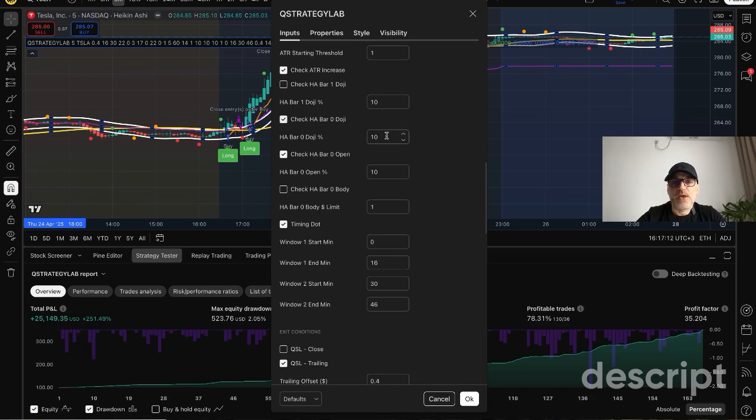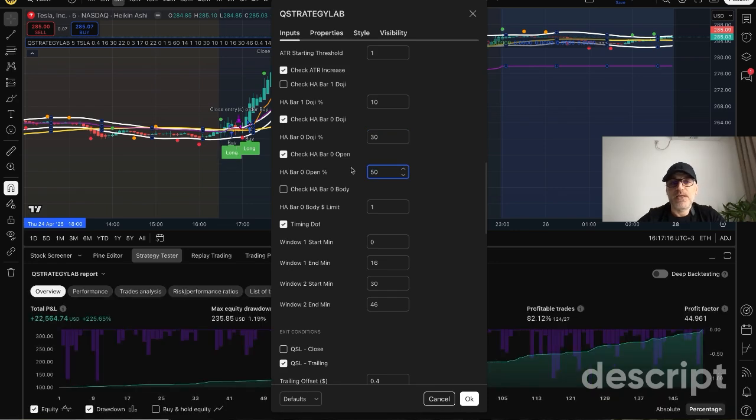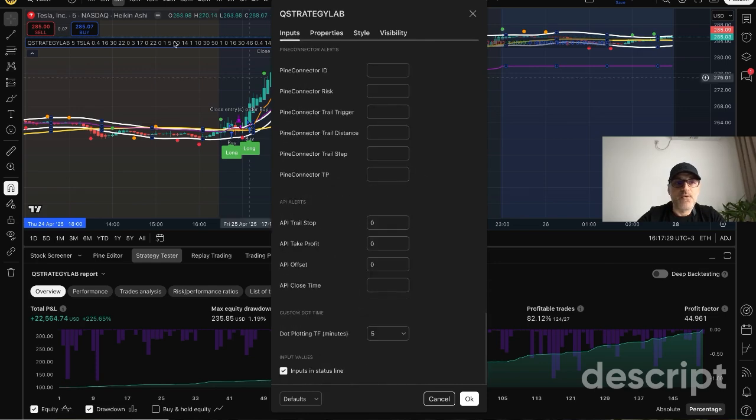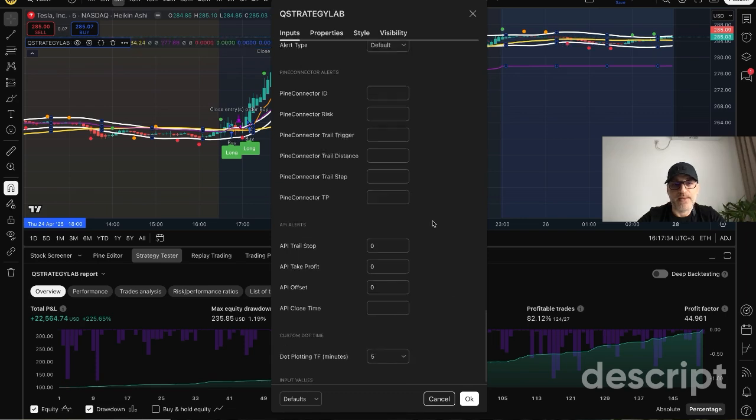Then we will check here. We will put 30 and here 50. These are checks on the bars, eventually the body of the bars, and that the bars should not be a doji. Then in order for this line here to be smaller, we'll unselect this one.